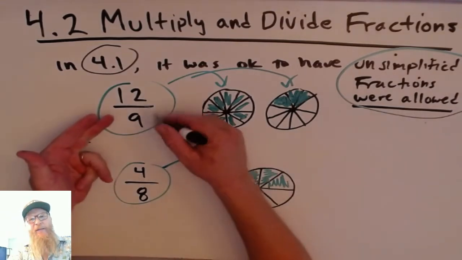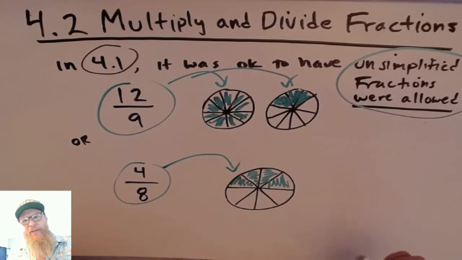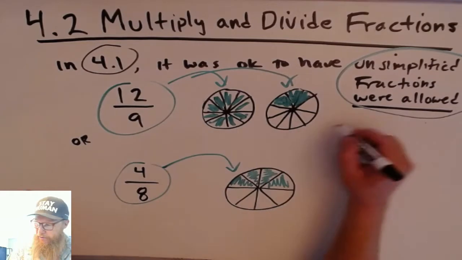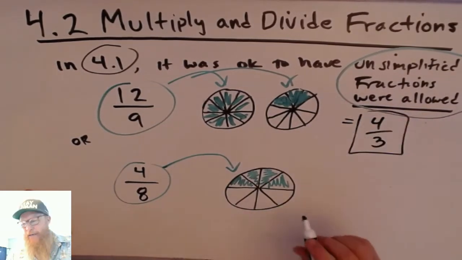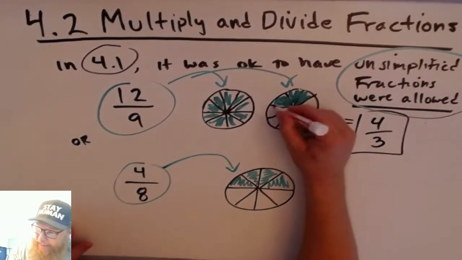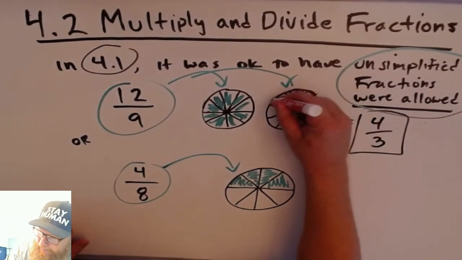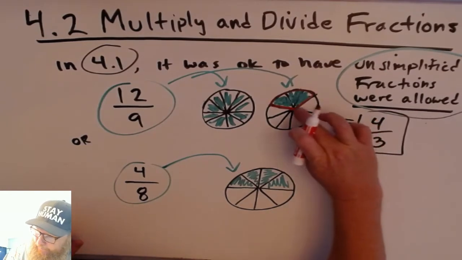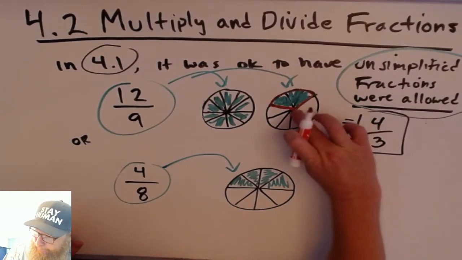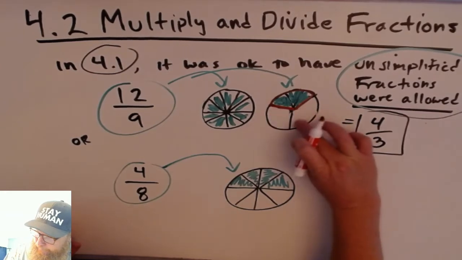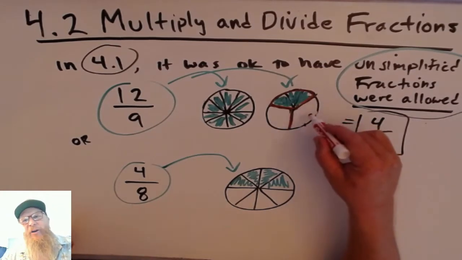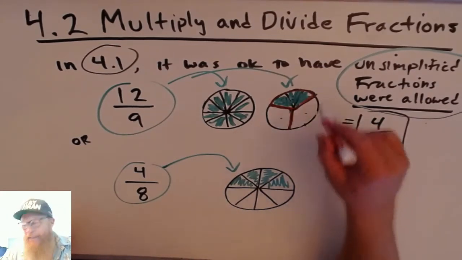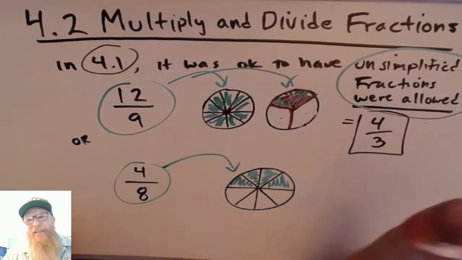And so something like this, 12 ninths, would actually be written as 4 thirds. The reason is because this is a third. You can think of the fraction as being cut into thirds, 1, 2, 3. So this is 1/3. I'm using a different color now.